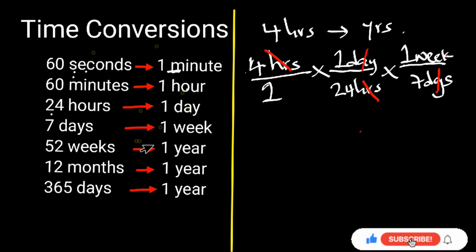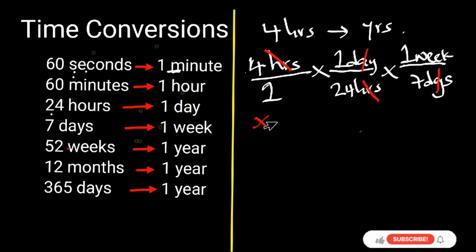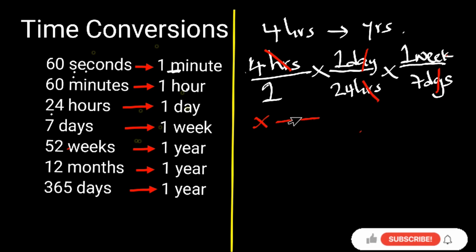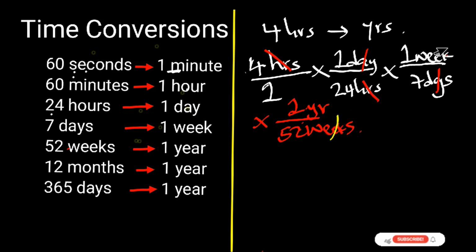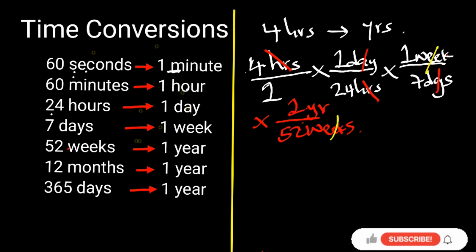Between week and year, the relationship is 52 weeks make 1 year. And so we have 52 weeks make 1 year, so that this week and this week cancel out, and then we have our focus unit here.